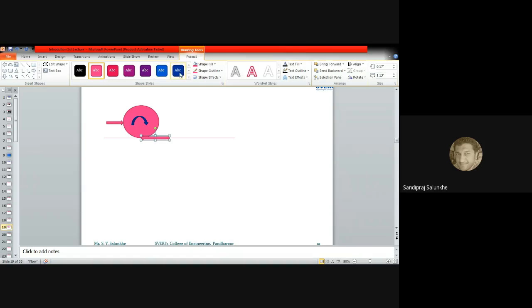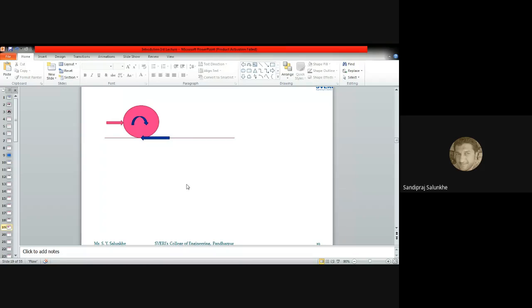These forces which are acting opposite to each other, say this is F1 force and this is F2 force, then it is possible to have motion of this wheel in either direction. Suppose we apply the condition that F1 is equal to F2, what will happen?